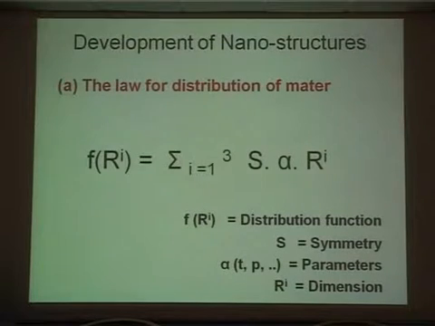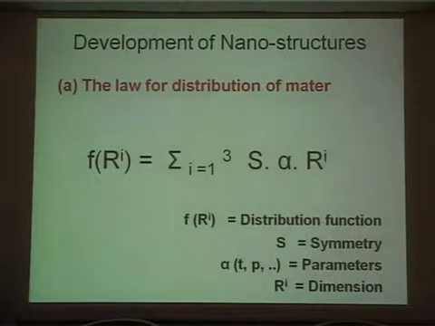So I have generalized the distribution of matter in this manner, where this is the distribution function, and this is the symmetry. In the specific crystal case, we can call it crystallographic symmetry. There are many other symmetries associated with this.